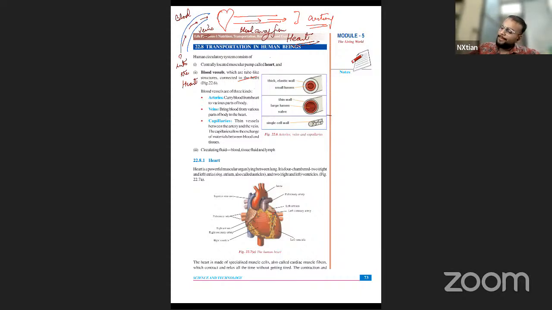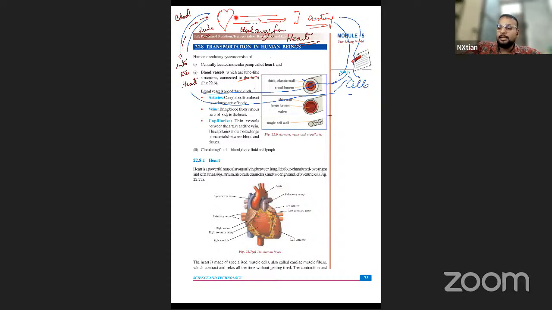Yes. Now, if I draw a connection between them, the artery will take blood to the cells. For example, this is cells. It will divide, and then it will again come and become a vein. So this is called the circulatory system. Blood will go from the heart to the artery, and then to the cells. Cells will use that, and then the blood will go again to the veins and back to the heart.